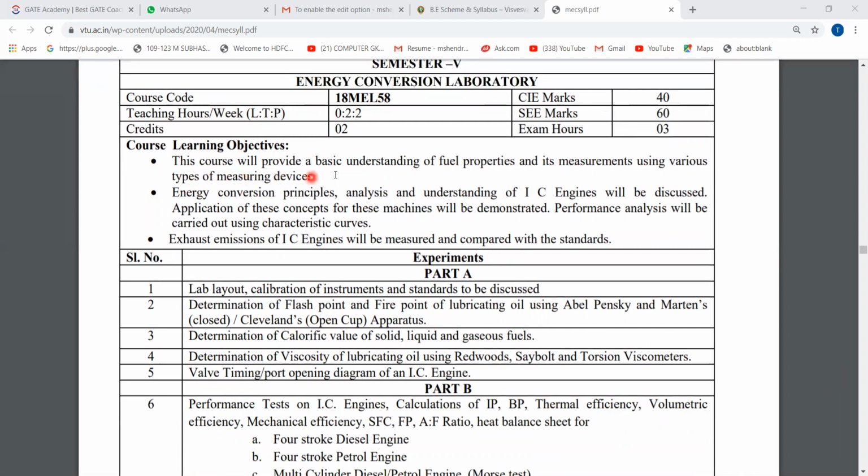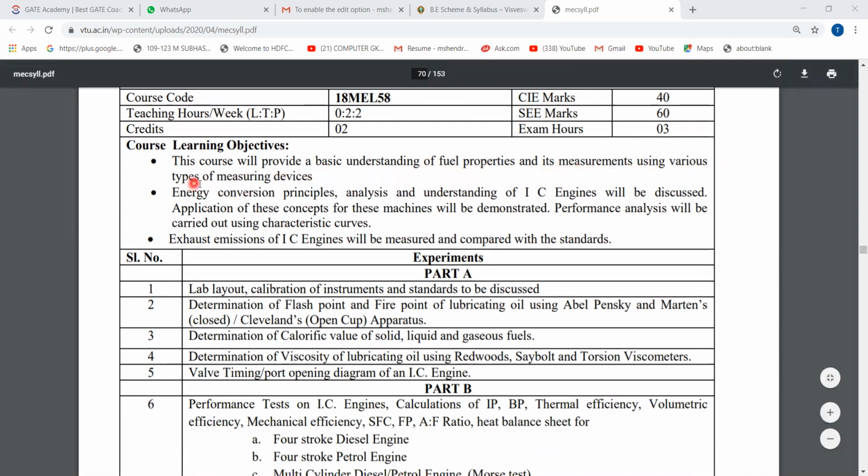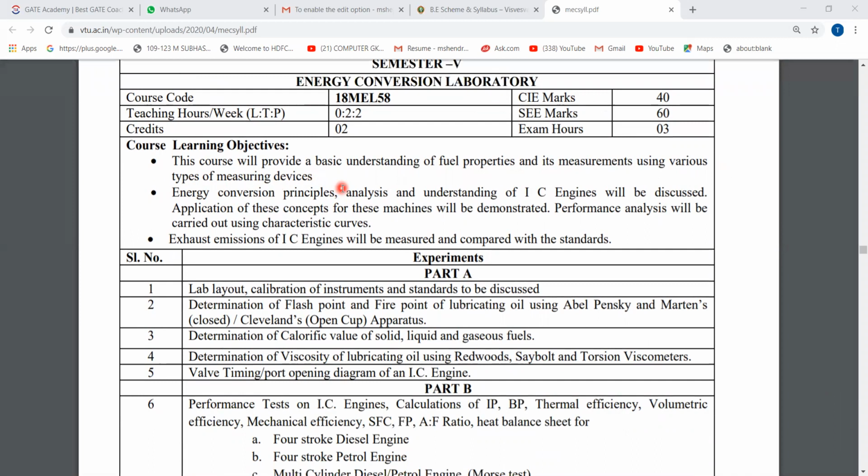This course will provide the basic understanding of fluid properties and its measurement using various types of measuring devices. So here we are going to measure the various properties or the fuel properties of various types of fuels like petrol, diesel, kerosene, etc. by using the various measuring devices.